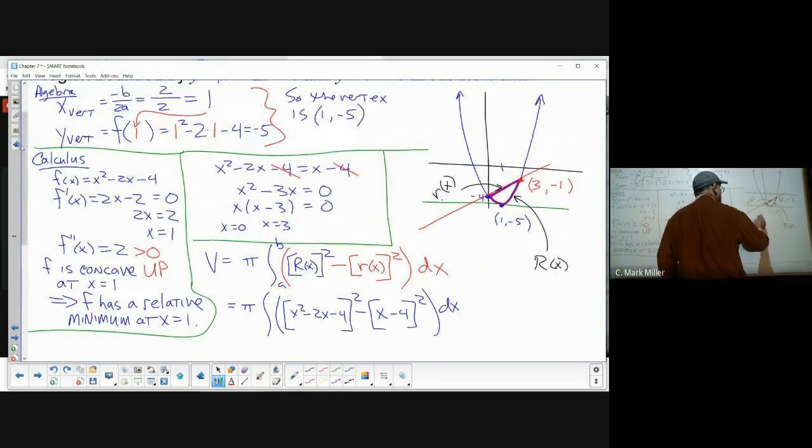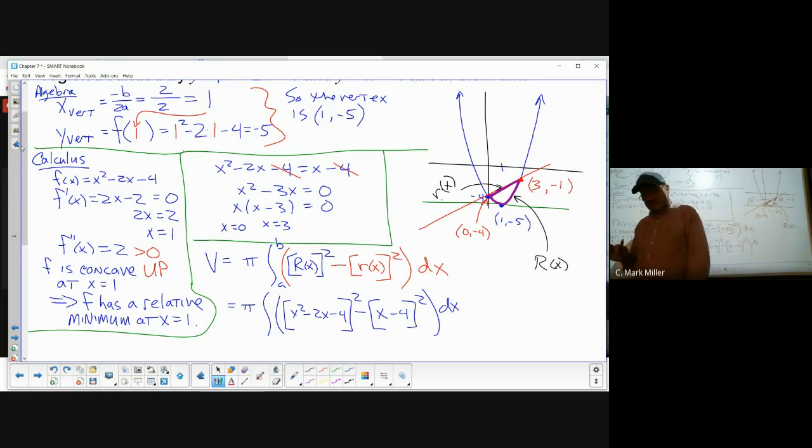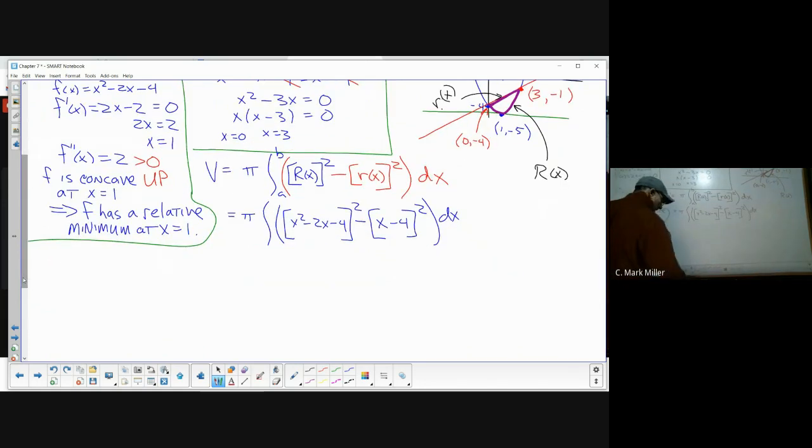This point right here is the point 0, minus 4, right? So I'm going from x equals 0 to 3. Not to 4, to 3. Exactly. So I have 0.